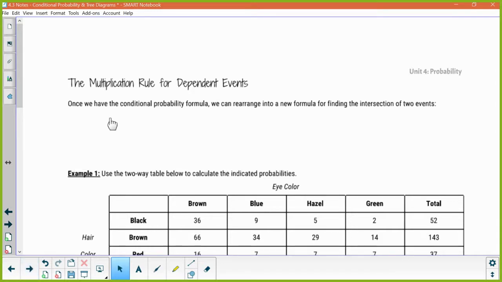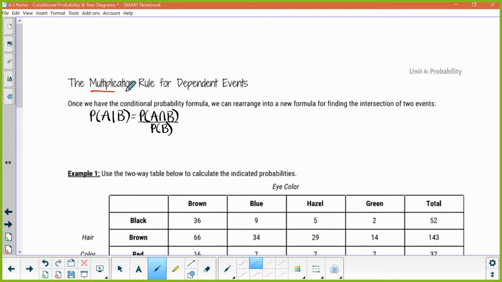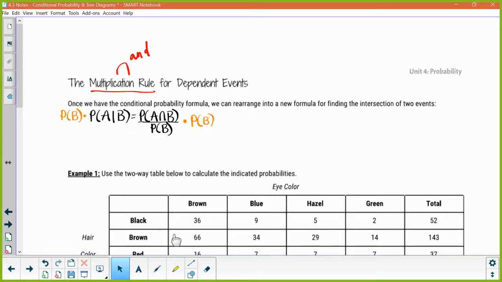So I have the probability of A given B, this is just the formula we had on the previous page, is equal to the probability of A and B over the probability of B. Now, if I wanted to use this formula to get the multiplication rule, and remember the multiplication rule is that "and" statement, I'm going to go on both sides of the equation and multiply by the probability of B.